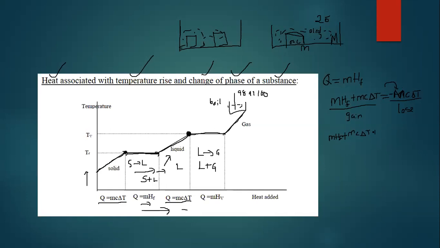Then we also add this other mass of the liquid alcohol, its specific heat capacity and its change in temperature. Everything is supposed to be equal to 0, all right? So if we choose to take the one that is losing energy to the other side, we must make sure we put a negative to it.